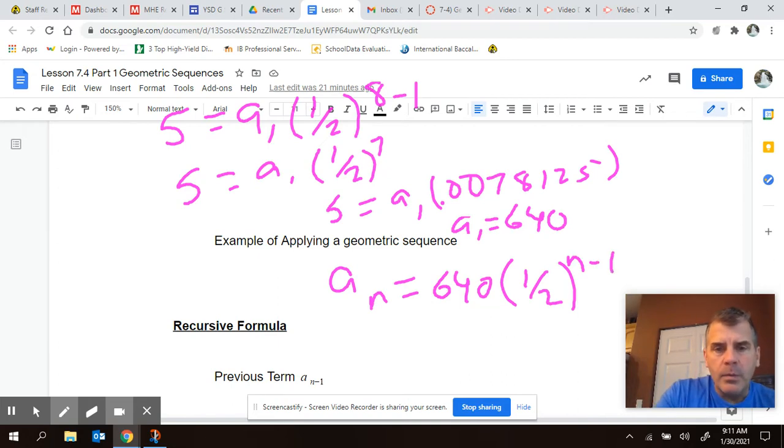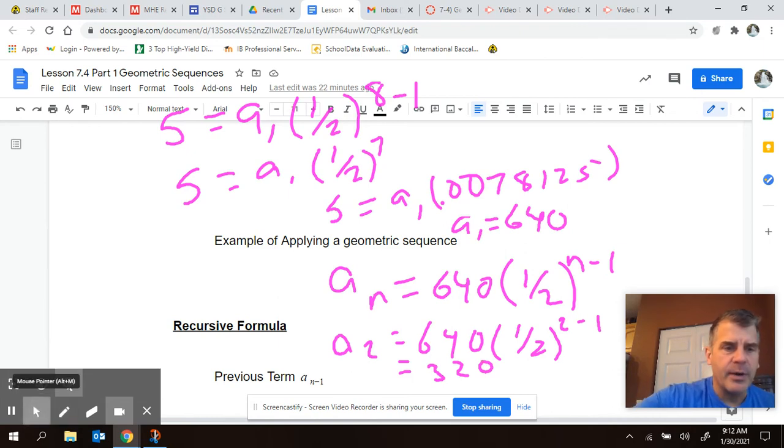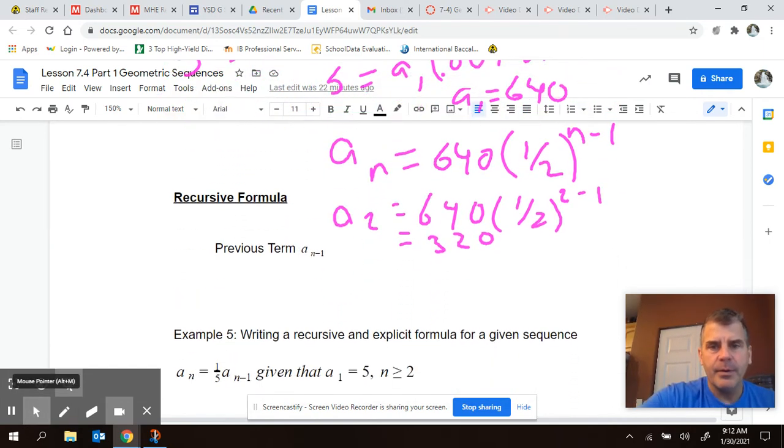Well, a sub 2, if we calculated this out, would be 640 times 1/2 to the 2 minus 1, which is 1. 1/2 to the first power is 1/2. So really, you're just taking 1/2 of 640 here. So sure enough, the second term should be 320. That's using the formula to calculate it, but you already know what the common ratio is, so just keep going.